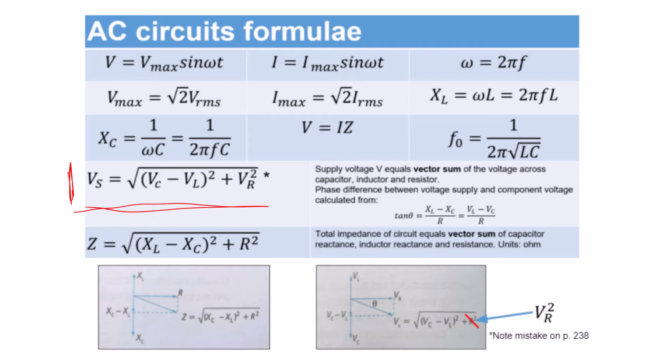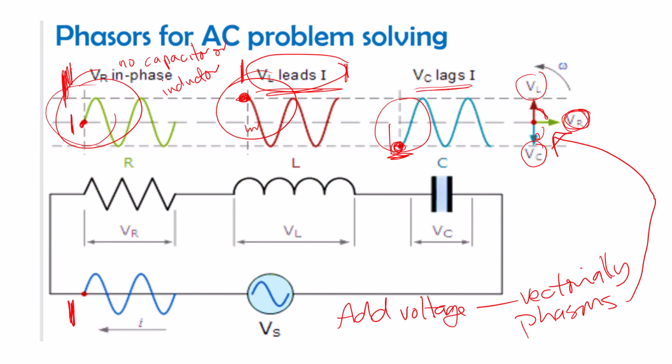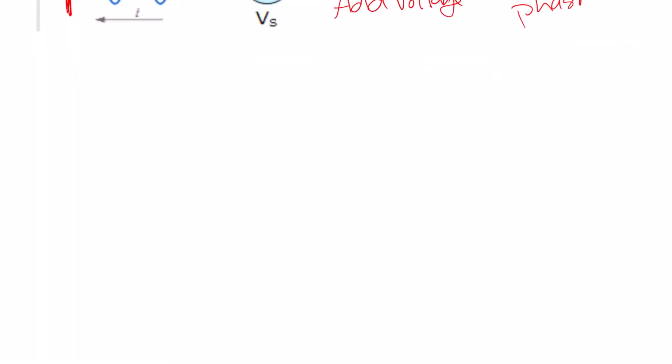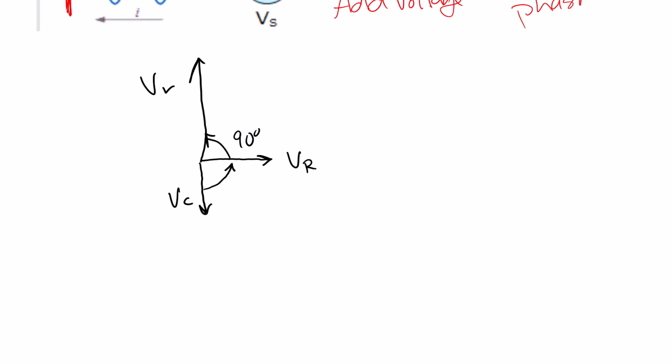So let's come back to here, adding these vectorially. This is what it looks like, and you can see it from the work you've done already, that we might have a voltage across the inductor leading the voltage across the resistor by 90 degrees, and the voltage across the capacitor lagging behind the voltage across the resistor, again by 90 degrees.